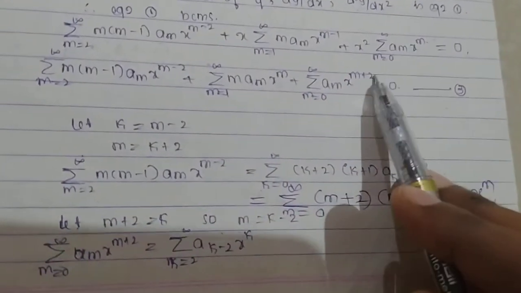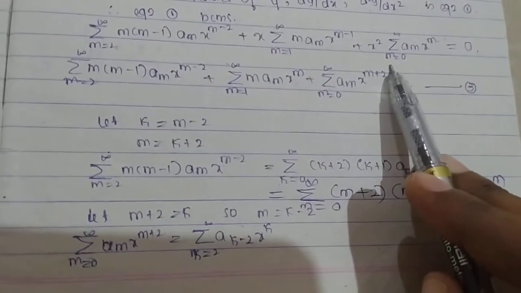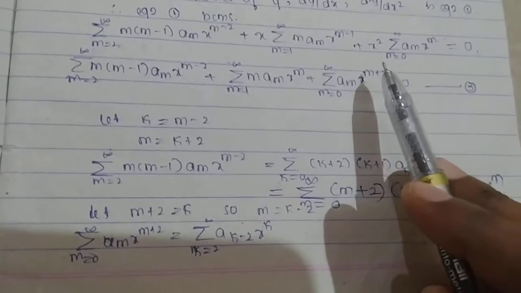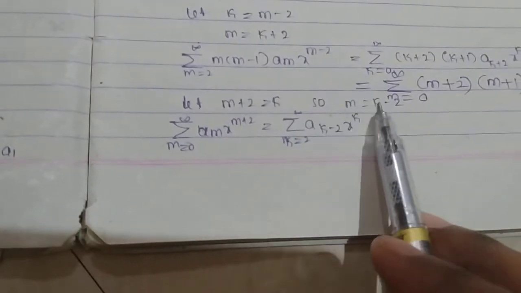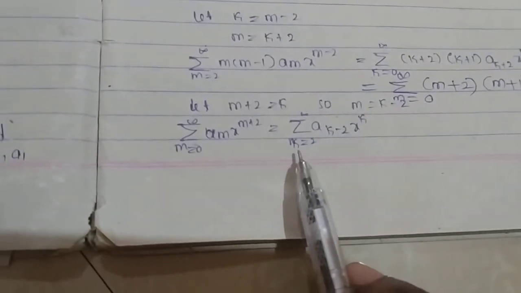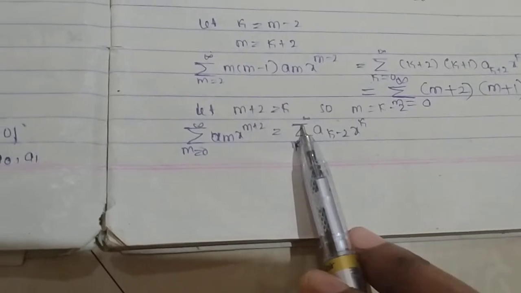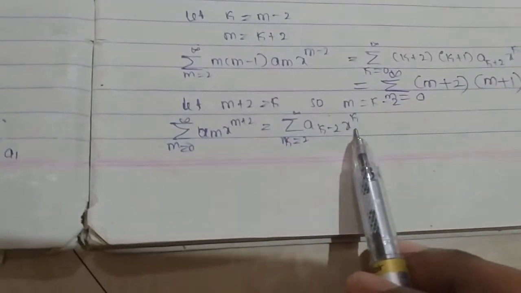Again, I have to make the last term's power m. For that I substitute m plus 2 equal to k. After substituting, m becomes k minus 2, and the summation varies from k equal to 2 to infinity a_(k minus 2) x^k.